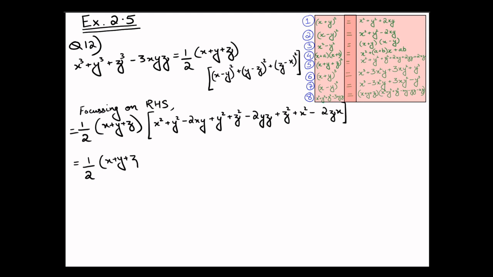Simplifying this further, joining the like terms, I get 2x square plus 2y square plus 2z square.